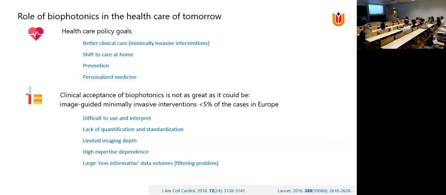Inherently, with optical techniques, you cannot do whole-body imaging, whereas MRI and CT can more or less image the whole body. Difficult to use and to interpret means that basically there are experts in the field who can do it, so there's a high expertise dependence. And last but not least, we can measure everything, but not everything is useful information.